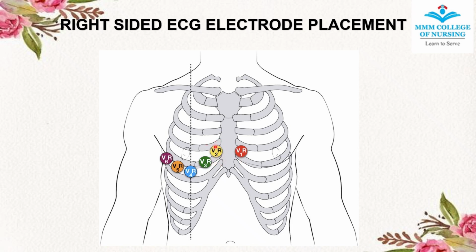But here for your right side ECG, this gets reversed, where V1 is positioned on the left sternal border and V2 at the fourth intercostal space at the right sternal border, whereas leads V3 to V6 are positioned the same as what we have already discussed. The same landmarks will be used here, but positioned on the right side instead of the left side.